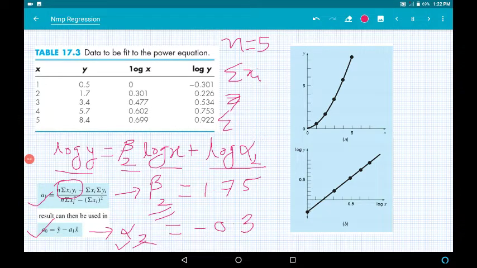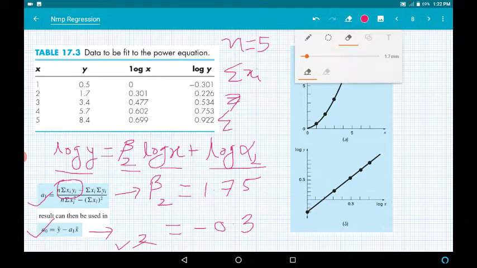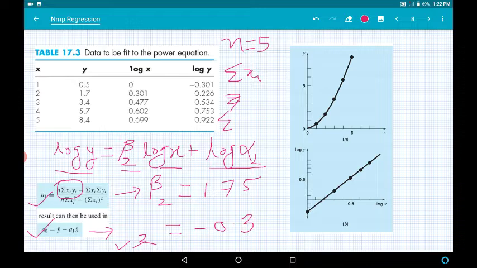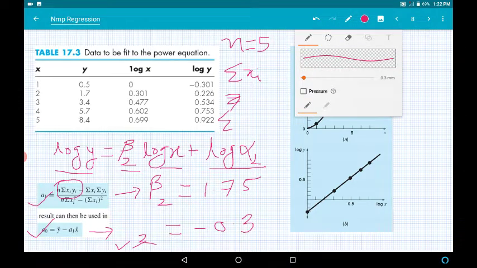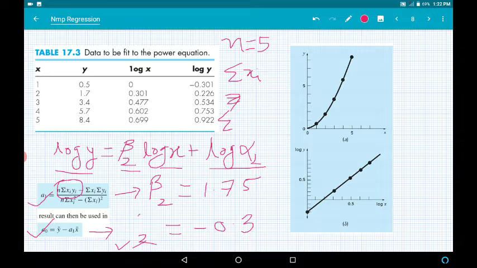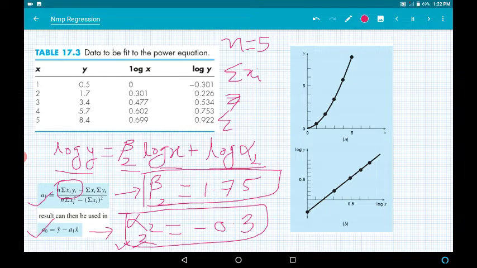If you put all the values, you will get alpha 2 as minus 0.3 and beta 2 will be 1.75 by applying these equations. Okay, just remember, xi is log of xi, yi is log of yi, that you have to use.